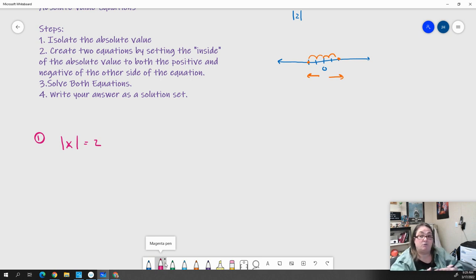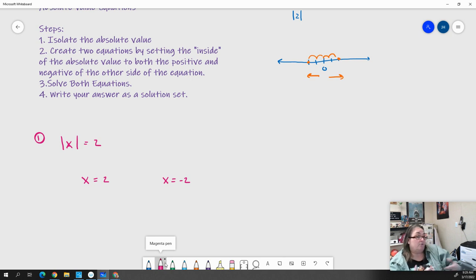So now it says create 2 equations by setting the inside of the absolute value to both the positive and negative of the other side. What does that mean? It means the inside of the absolute value, well, that is x. x equals the positive of the other side, that's 2. x equals the negative of the other side, right? Then it says to solve both equations.